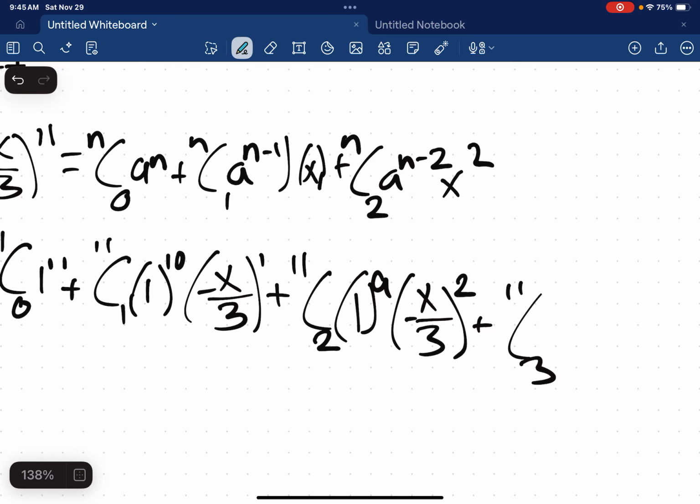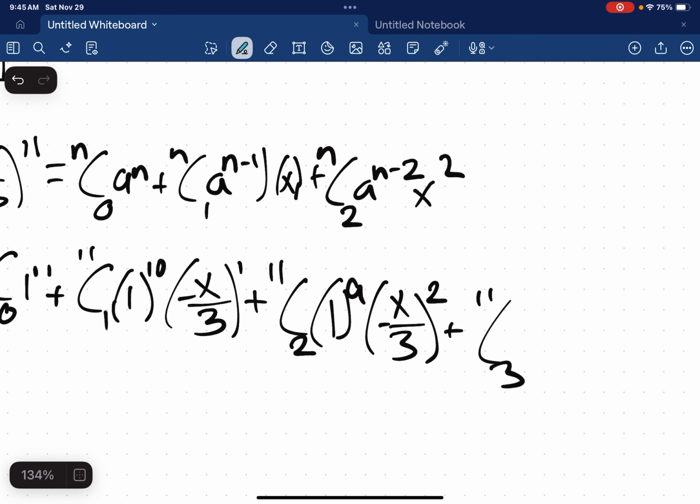Just asking for the first 4 terms, yes, okay. 1 to the 8th times negative x to the 3rd.